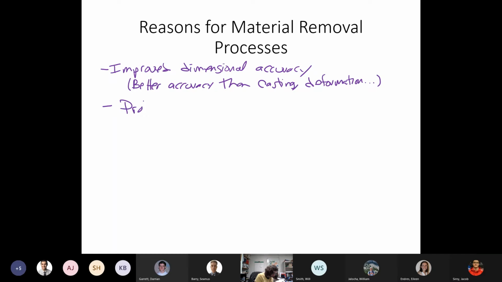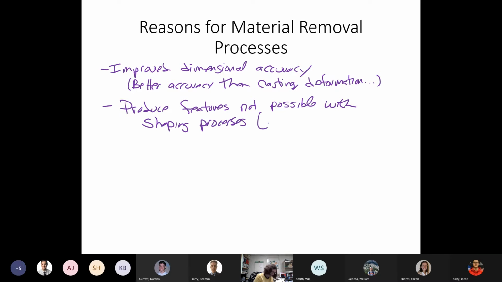We can also produce features not possible with other processes, and we'll call those shaping processes. So, sharp corners.